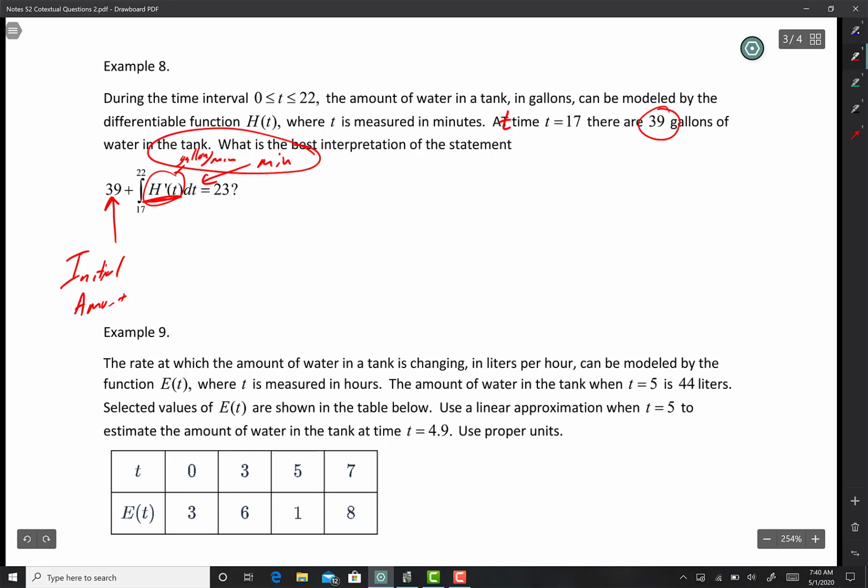So gallons per minute times minutes is gallons. So this is gallons. And notice I'm adding 39 gallons. So what is this telling me? The fact that it equals 23 is telling me that at t equals 22, is this in hours or minutes? 22 minutes, I have 23 gallons.